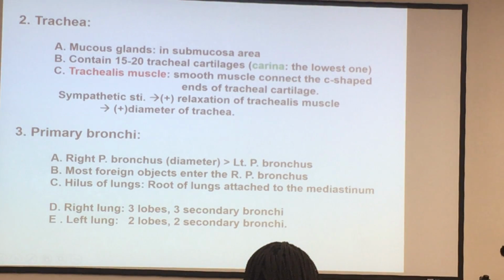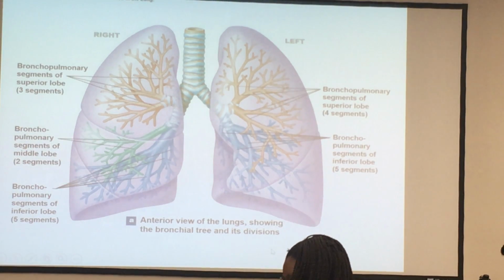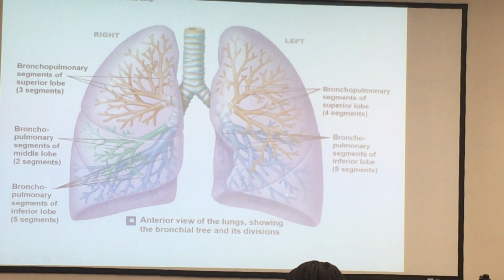Again, let me see this slide again. Okay, this one again. In this new version, you can see the right lung has 3 lobes and the left lung has 2. And the right lung has 3 secondary bronchi. They put different colors: 1, 2, 3.